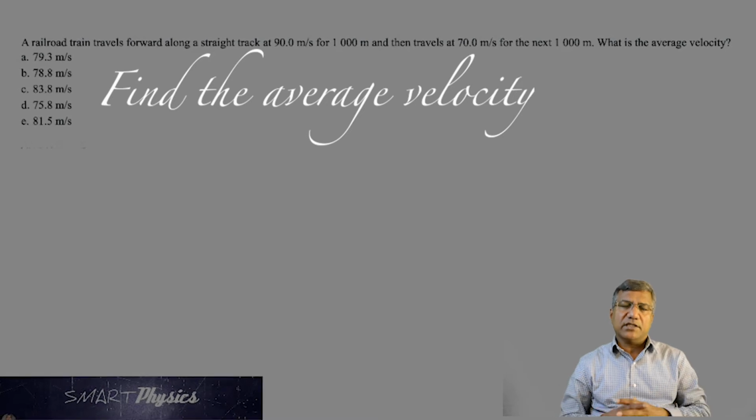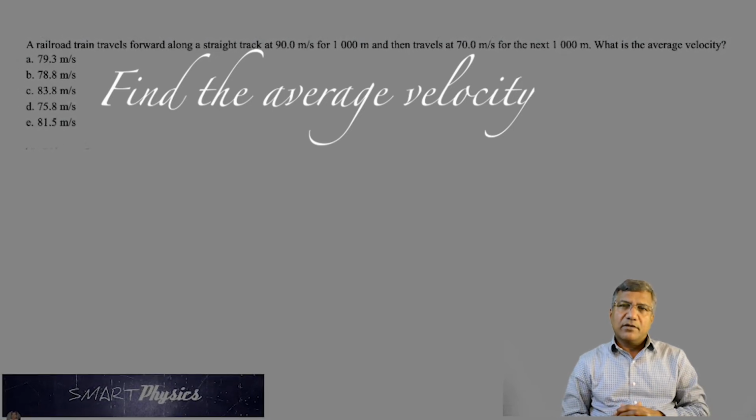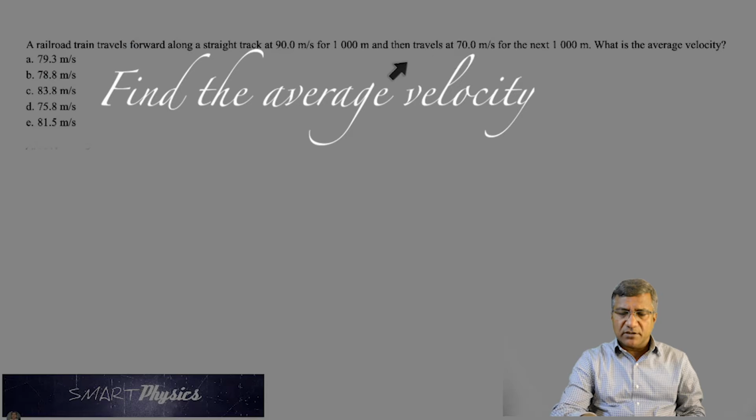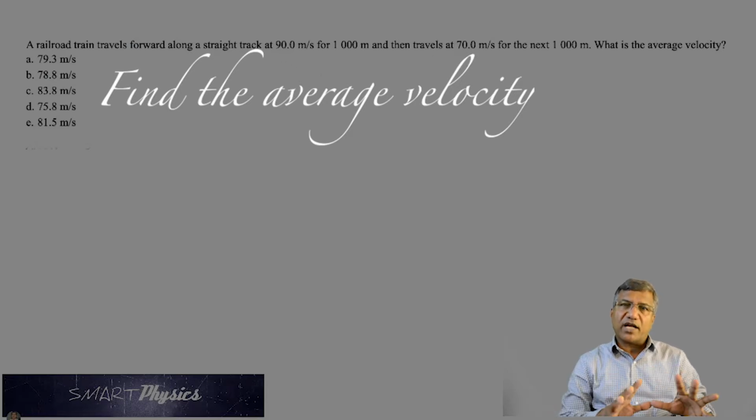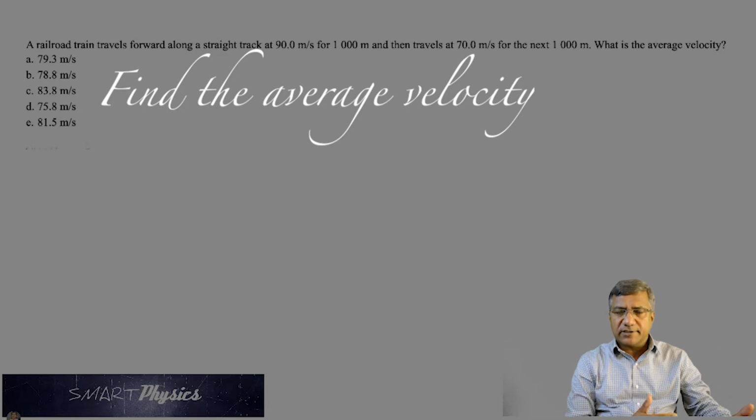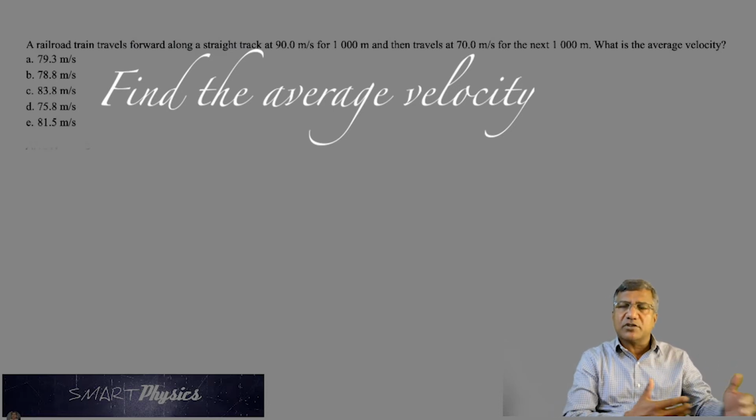So you are given two velocities and two displacements. First, it's moving fast at 90 meter per second for the first 1000 meters. Then it's traveling at 70 meter per second for the next 1000 meter. You're asked to find the average velocity.